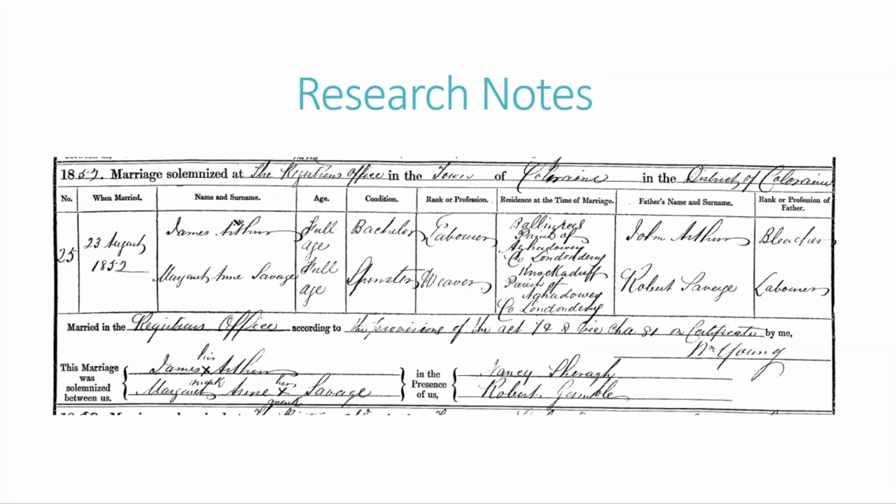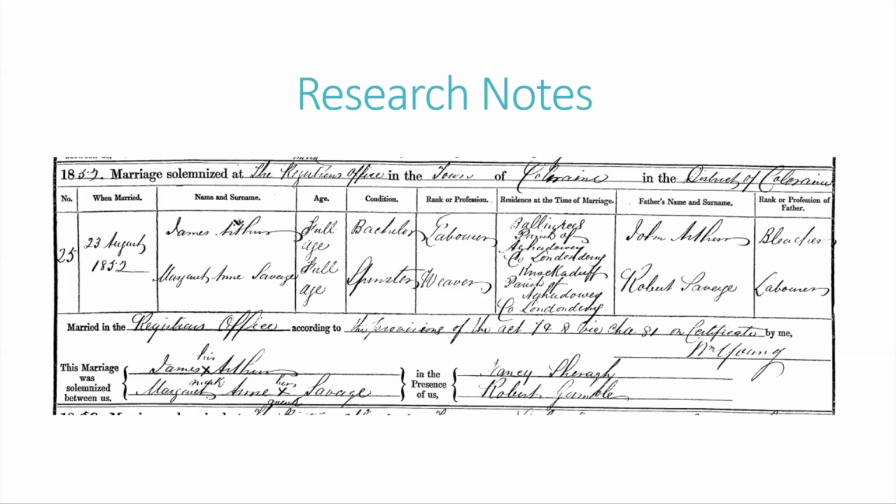Then there is the concept of research notes, and I also find this extremely useful. If we go back to the Arthurs family, I did look up James Arthurs and Margaret Ann Savage in Armagh records to see if I could get a marriage, and I couldn't. There was no detail of a marriage.